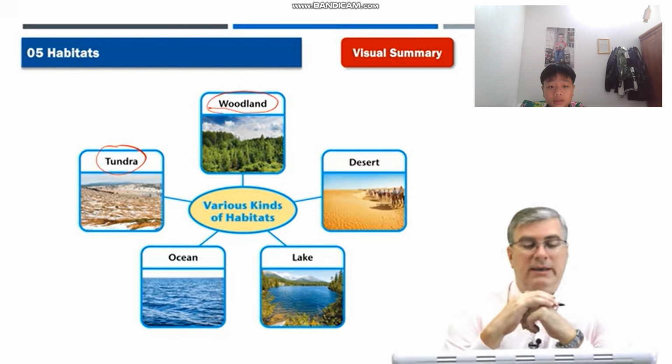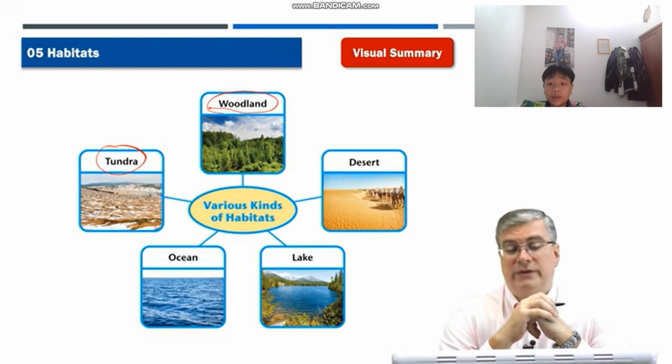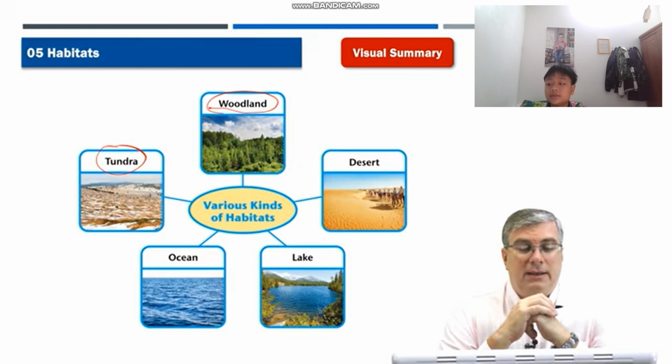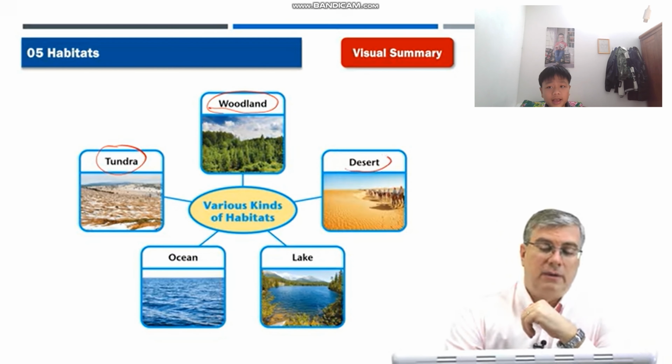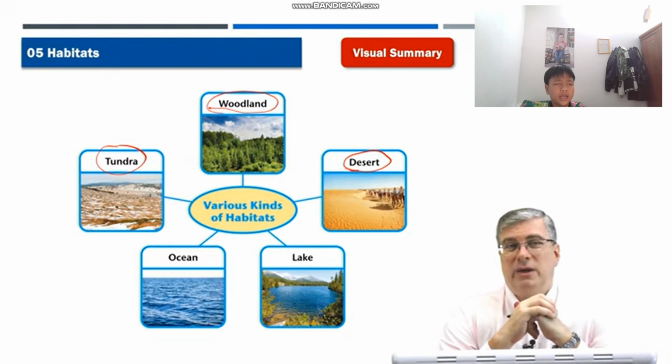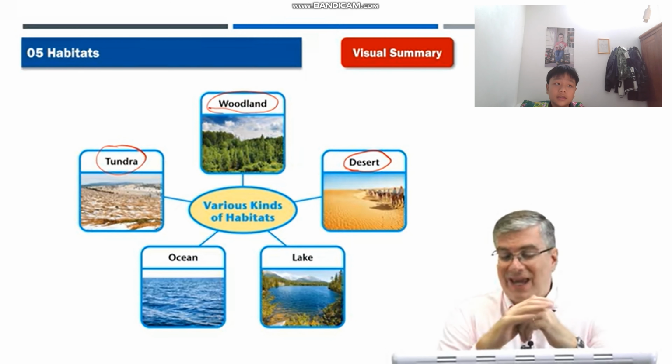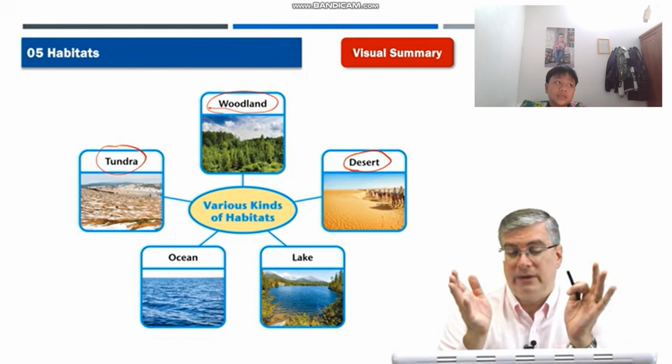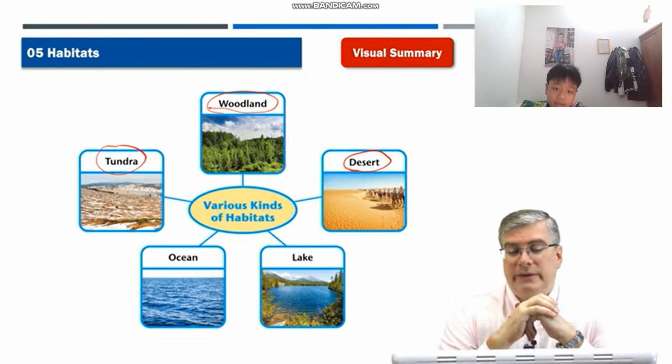Because it's a little bit moist, and there are a lot of animals living in it. And the next habitat is the desert. The desert is hot, and the plants or animals who live there have a large amount of water inside their body, or they will die because of the heat in the day and the cold in the night.